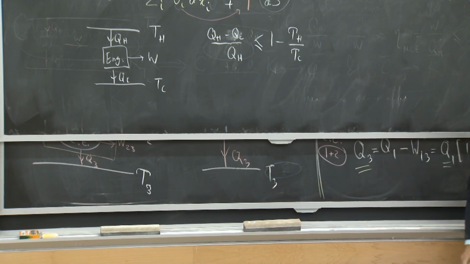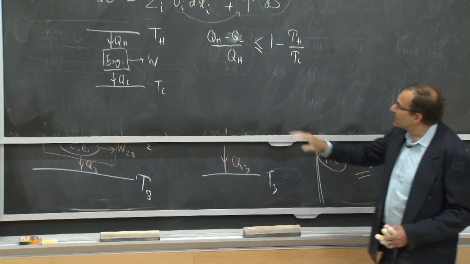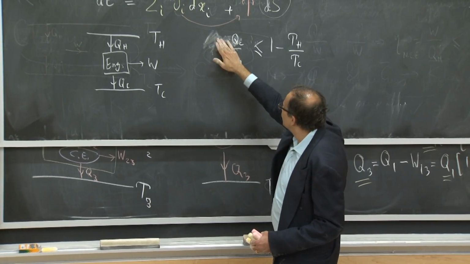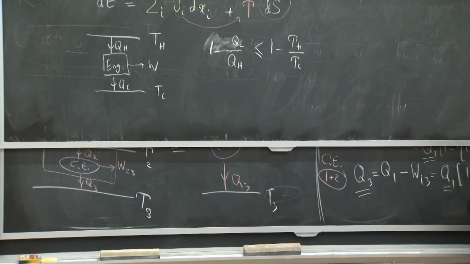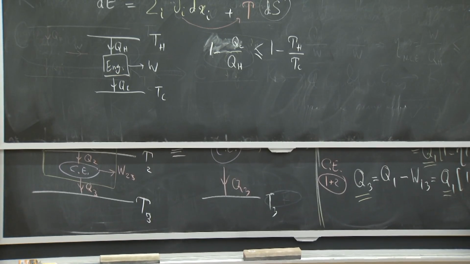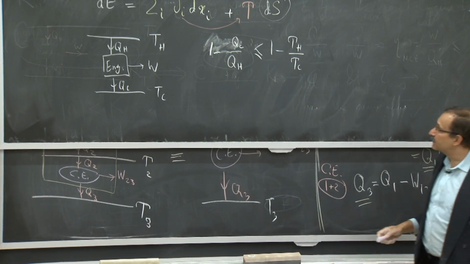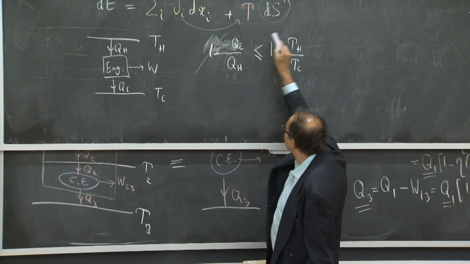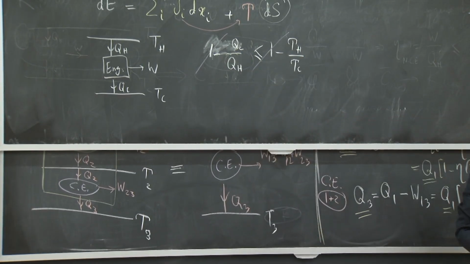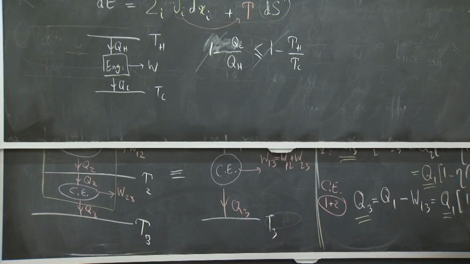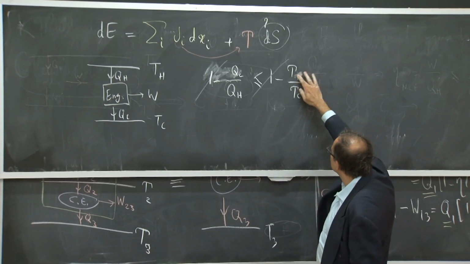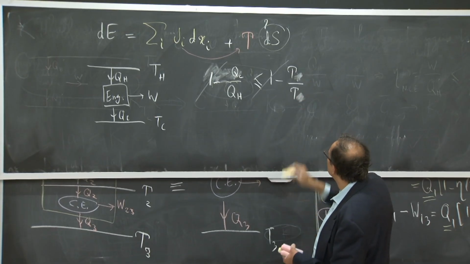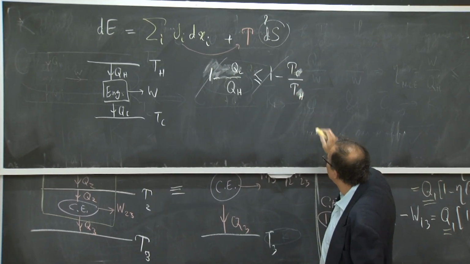So actually, I could also have written this as 1 minus QC over QH is less than or equal to 1 minus TC over TH. I can eliminate the 1 and rearrange things, yes?